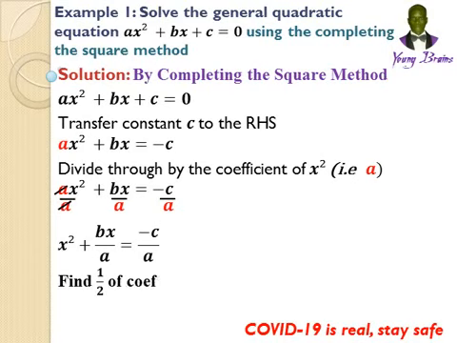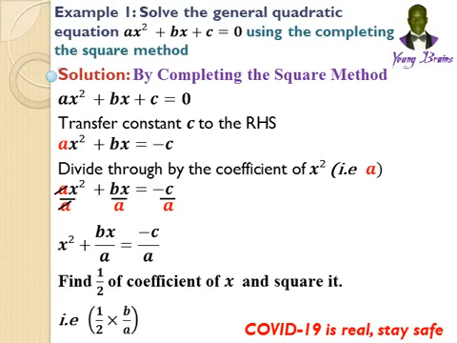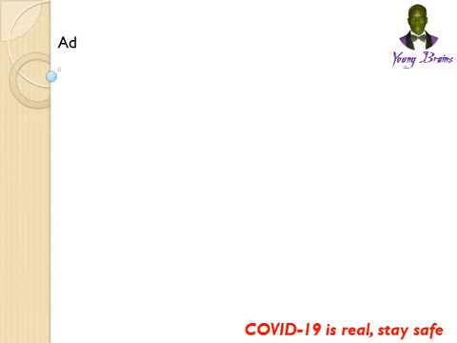The next step is to find half of the coefficient of x and square it. That is half of b divided by a. That's the coefficient of x. It gives us half times b over a, squared, which then gives b divided by 2a, everything squared.